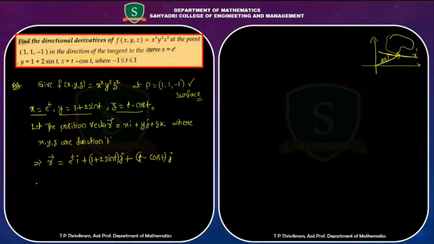Okay, so dr by dt. I am differentiating the vector to get the tangent.